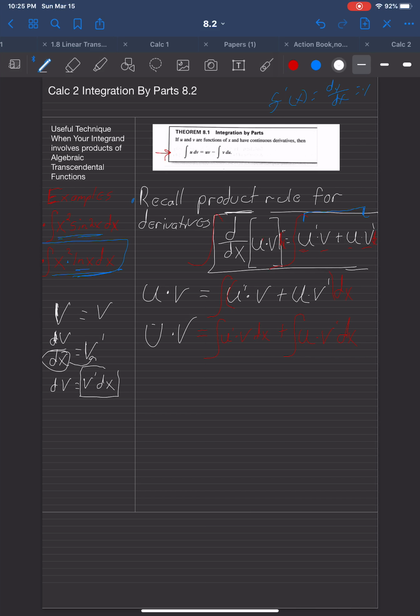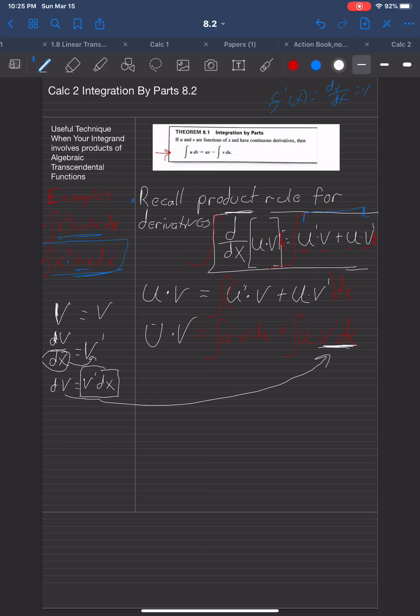I can substitute dv anywhere I see a v prime dx, right? So maybe you can follow me here. Right here is a v prime dx, and I'm just going to substitute. I'm going to erase these arrows in just a second. So I'm going to be substituting dv right there.